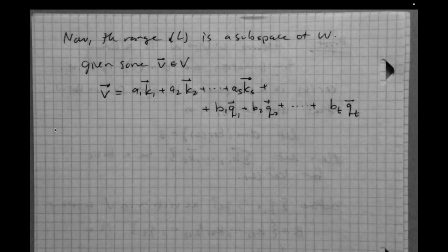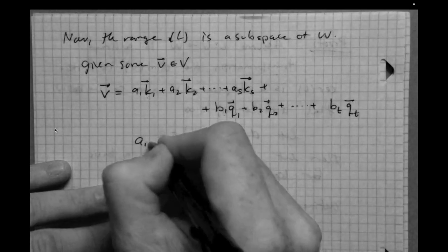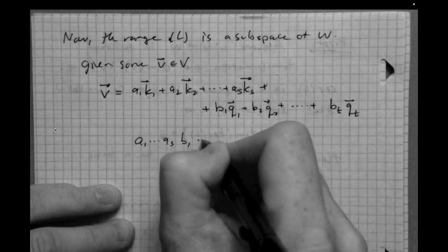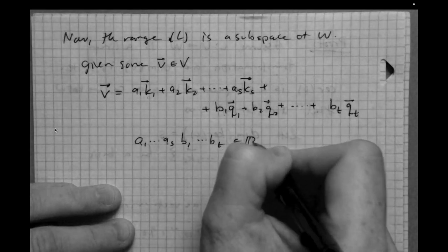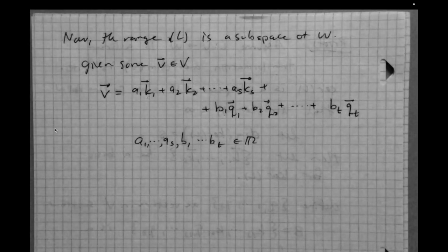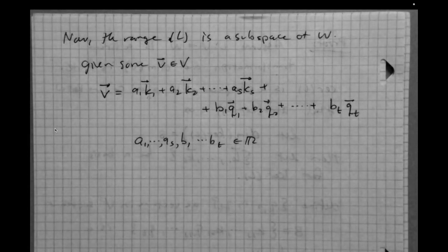Okay, so this is all perfectly fine. And remember, A1 through AS and B1 through BT are just real numbers. This is a linear combination, so nothing fancy there. Now all we're going to do is apply the linear transformation to this linear combination.